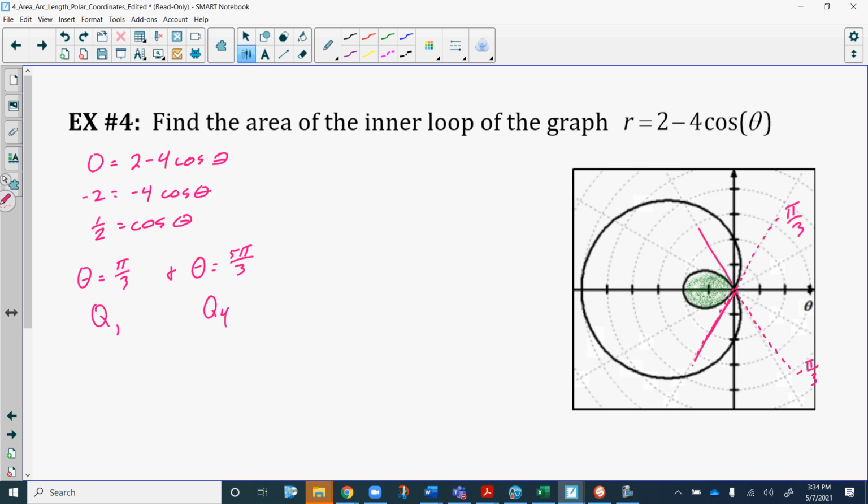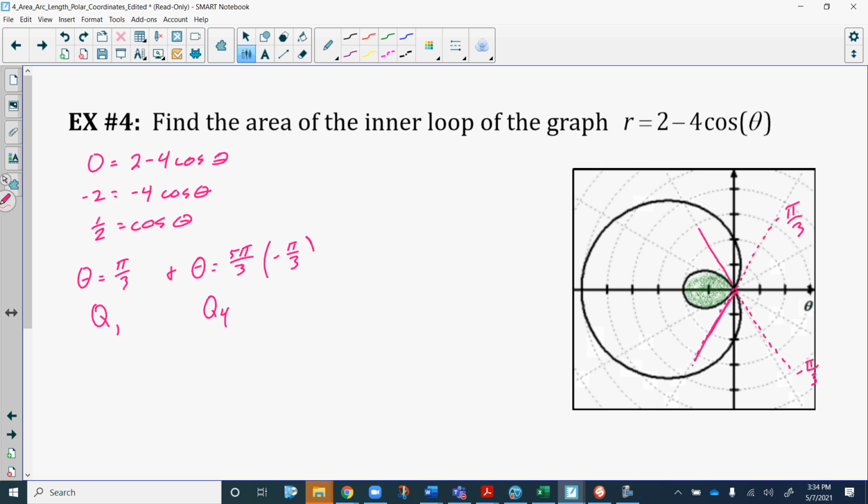And in this case, I think it's going to be easiest if we think in terms of an upper bound and a lower bound. I think I want to use the negative coterminal angle, negative pi over 3. If we were all in quadrant 1, I may want to do the same thing.